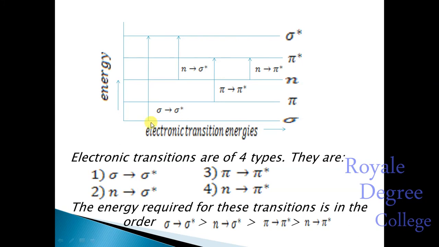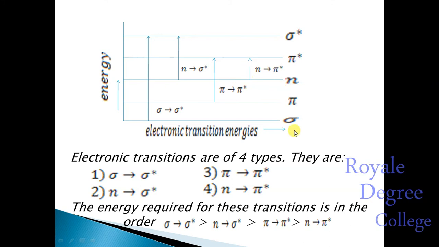The electronic transitions are of four types. The first one is sigma to sigma star transition, the second is n to sigma star transition, the third is pi to pi star transition, and the fourth is n to pi star transition.